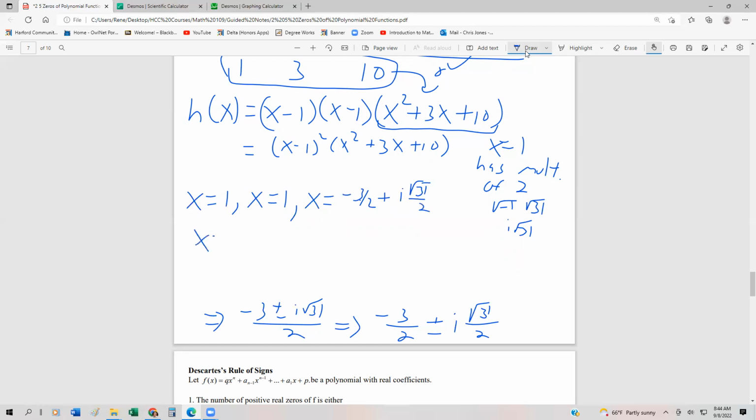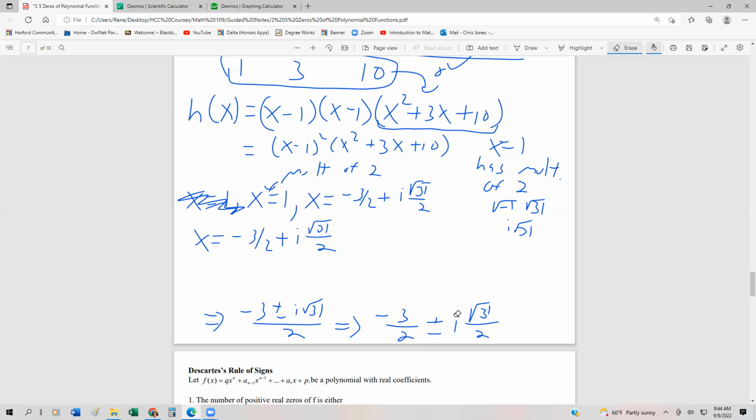And then finally, we have x equals -3 halves plus i root 31 divided by 2. Now, when we write this, we're only going to write x equals 1 once. And again, it has a multiplicity of 2. Okay, so those are our 4 solutions.